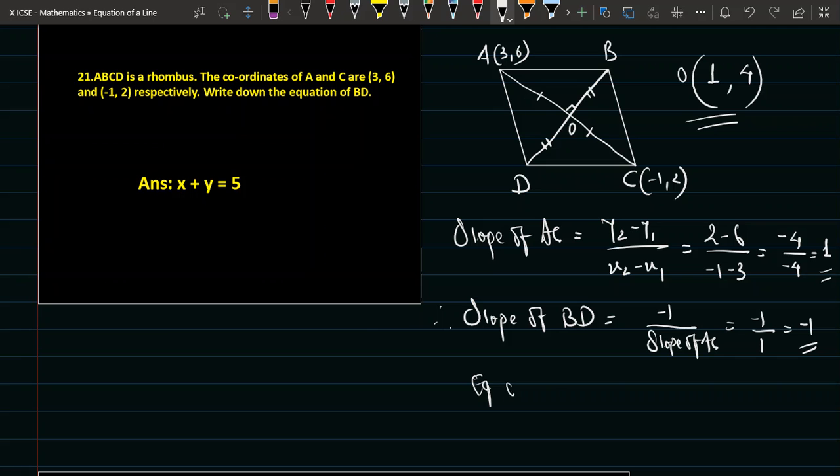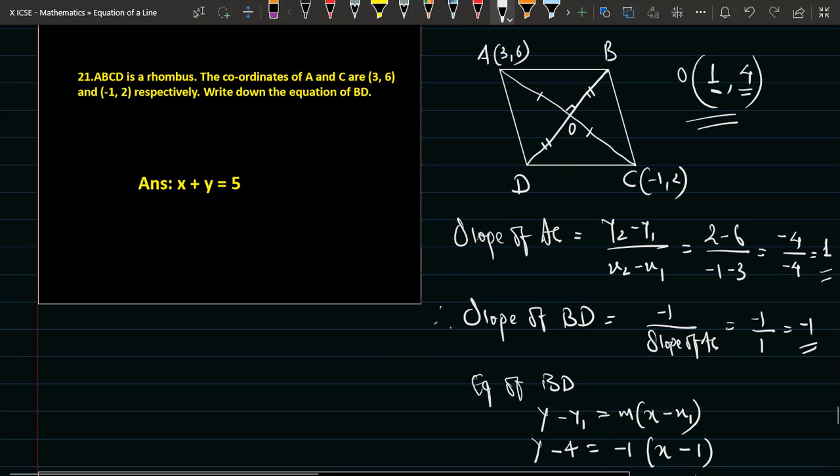So equation of BD will be given by y minus y1 is equal to m times x minus x1. That is y minus, what is y1 in this case? 4, so 4 is y1 and m कितना है? Slope of BD -1 times x minus x1 कितना है?